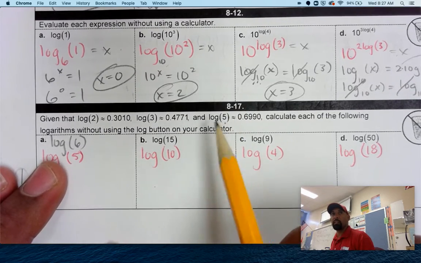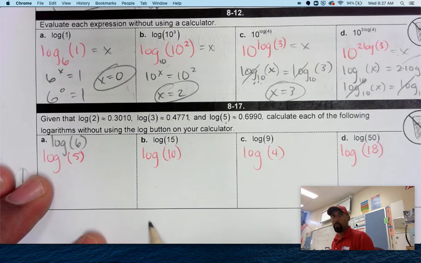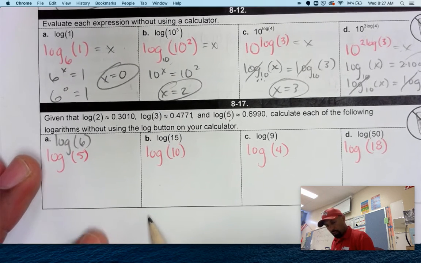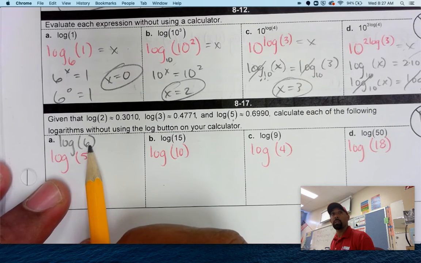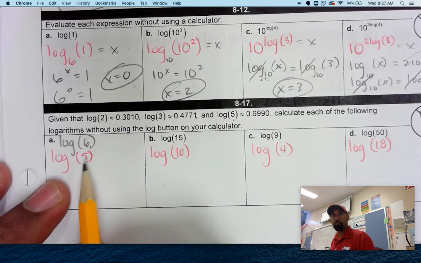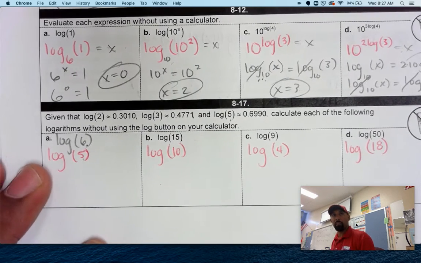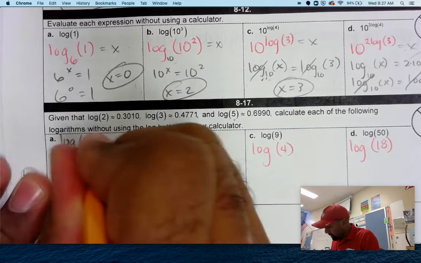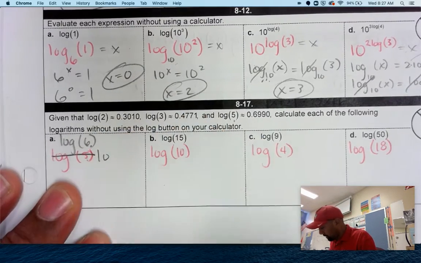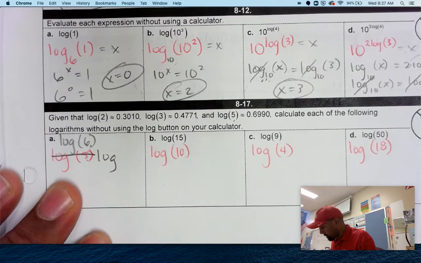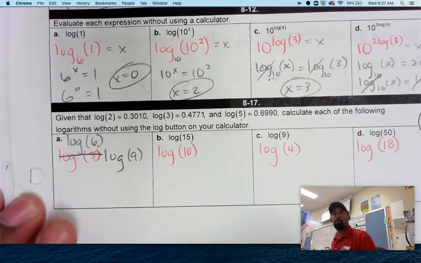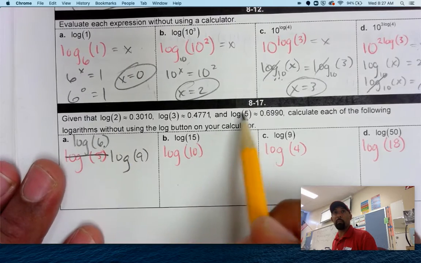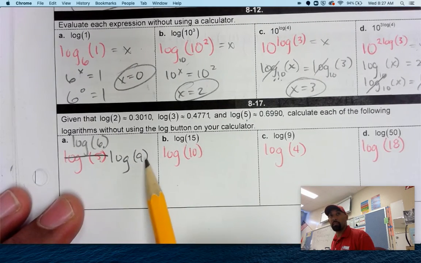So we're going to use this idea to solve these ones at the bottom. Let's do log of 9. What you want to do is look at these numbers as if they're factors of the numbers inside here.